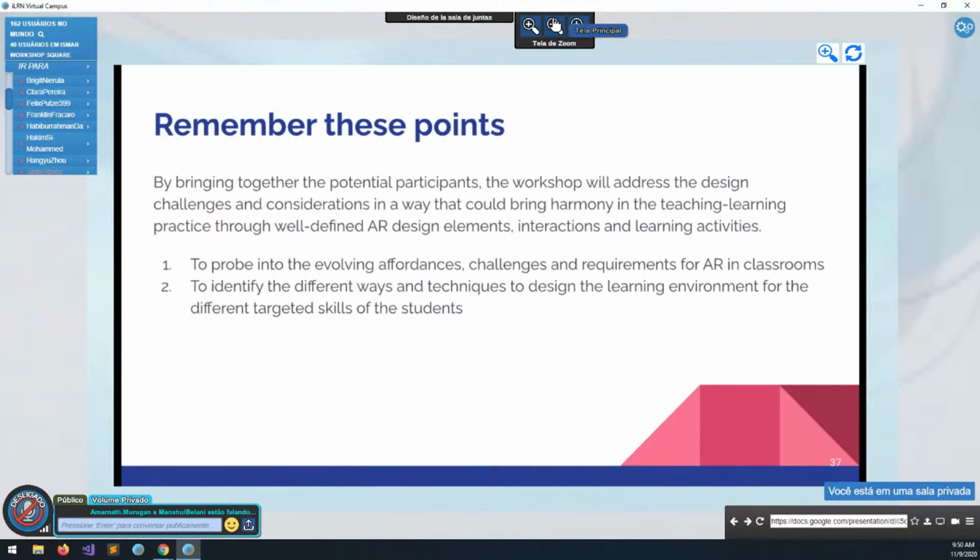Is this better? Also, this is all of potential participants. This is the screen, right? Amarnath, what we see is the remember these points screen. The previous screen is what you want to show, right? Let me just try again.